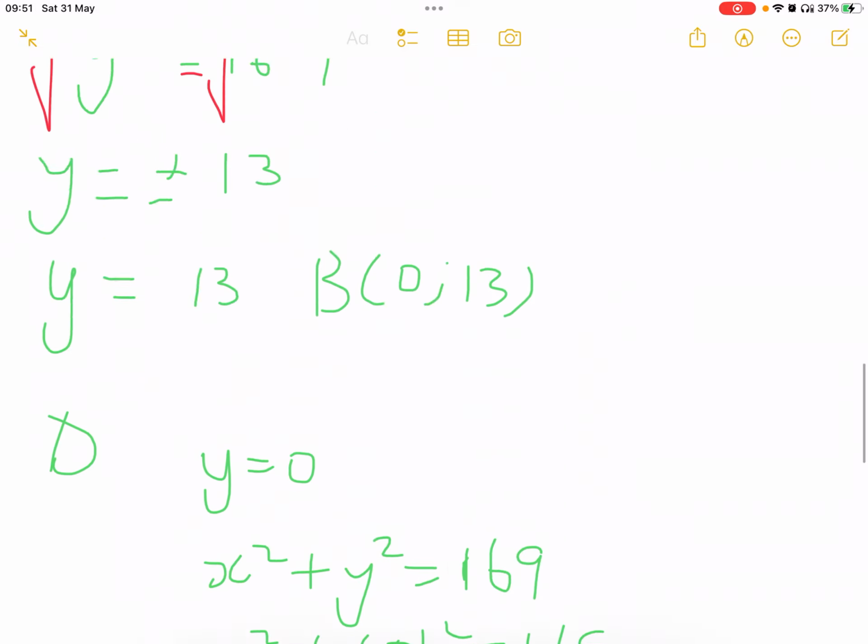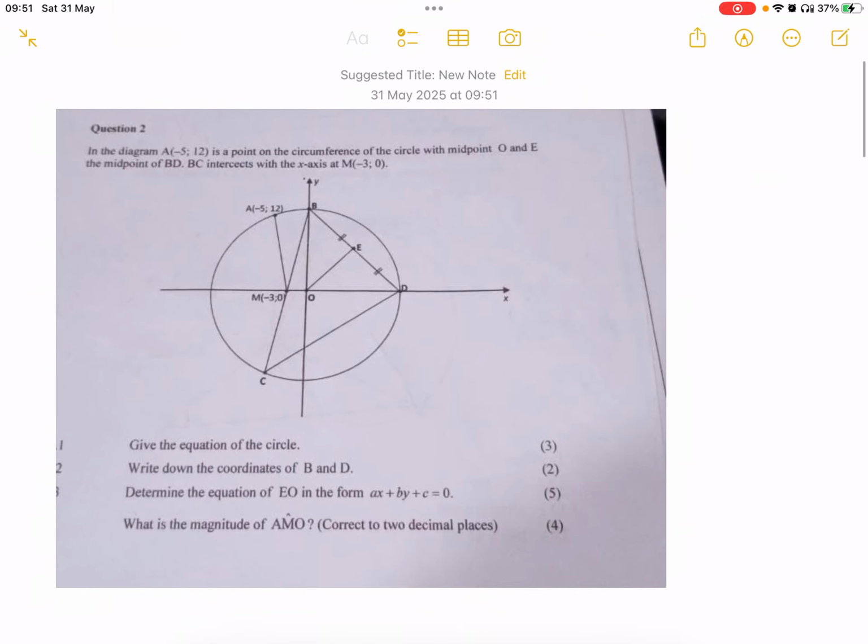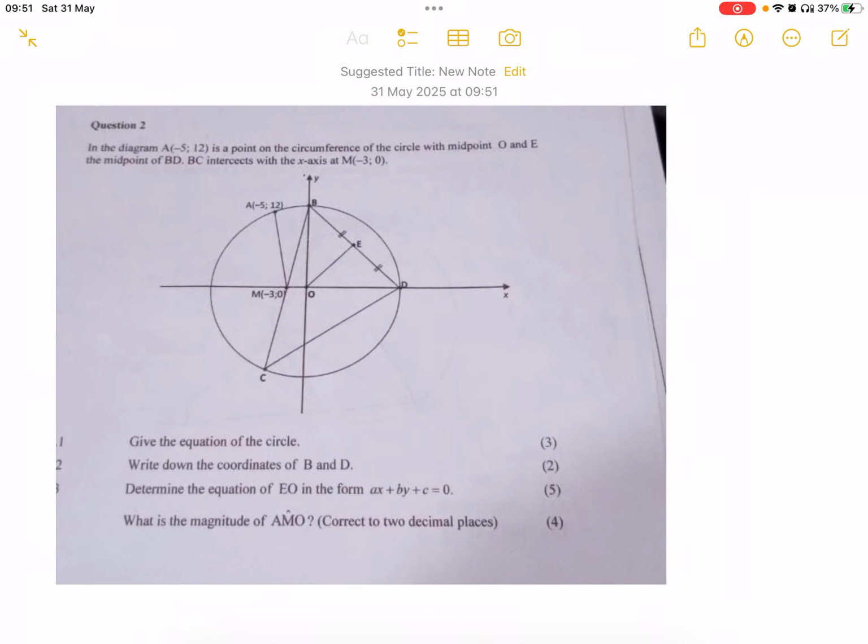What will you do with that information? Let's check in the next question. Determine the equation of EO. As you can see, EO is perpendicular to BD.